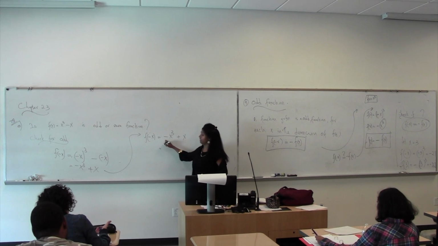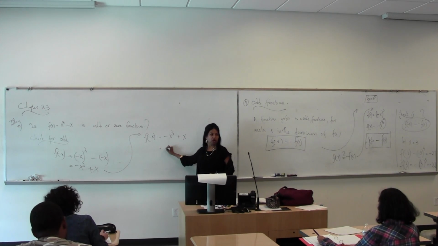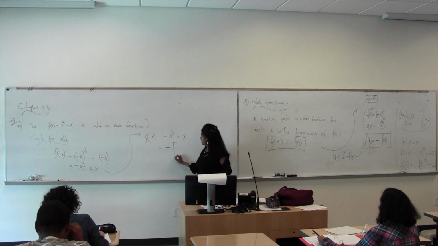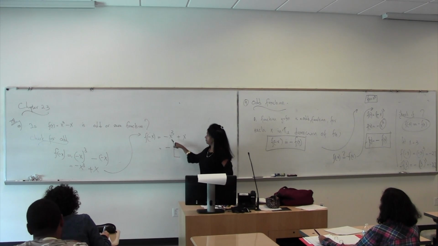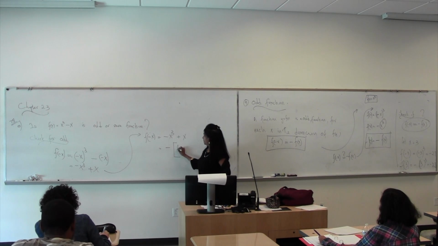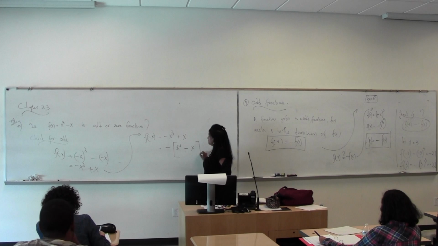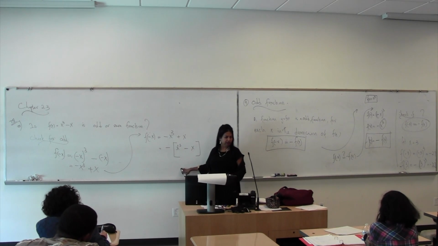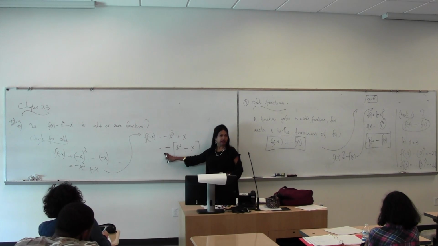If I pull a negative sign out, what should I write here? x cubed minus x. This means the same thing; I just rewrote it differently because I want to show a negative sign outside.